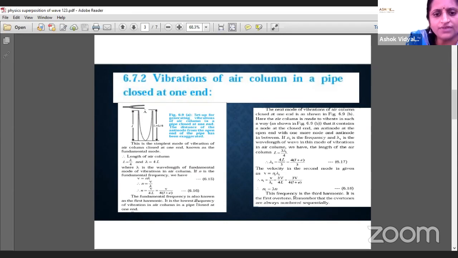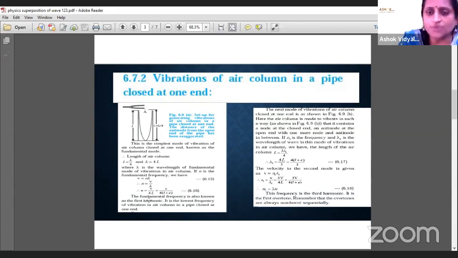The fundamental frequency is also known as the first harmonic. It is the lowest frequency of vibration of an air column in a pipe closed at one end. In the last lecture we already saw the meaning of harmonics and overtones.